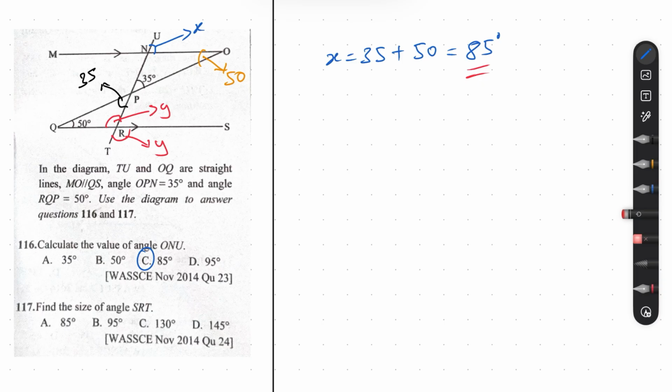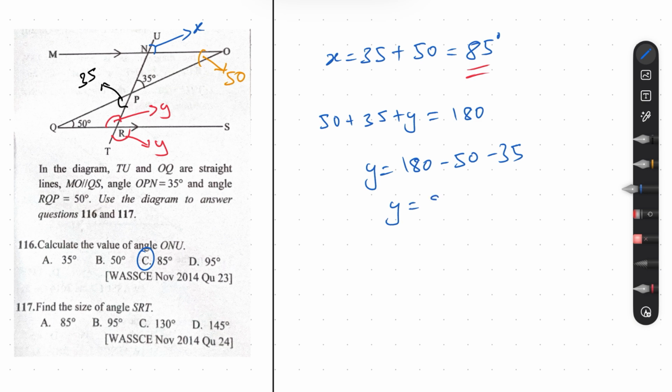So 50 plus 35 plus y should give us 180. So y should give us 180 minus 50 minus 35. So y finally will give us 95. So our answer is B.